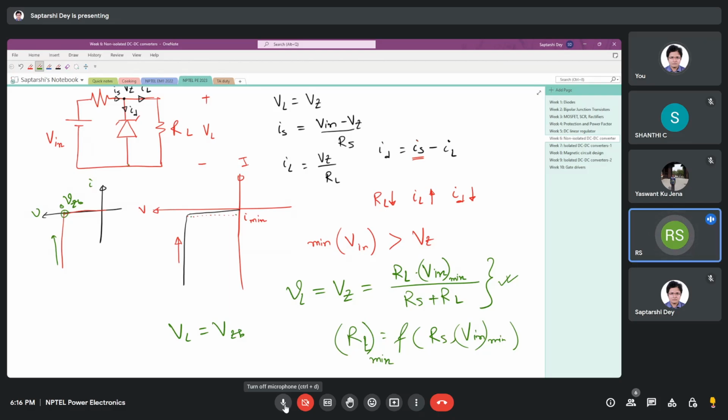So the Zener won't regulate the output voltage, it won't be 12 volts, because the Zener is not getting sufficient current. But we have calculated RL such that even at the minimum input voltage, the output voltage equals Vz.